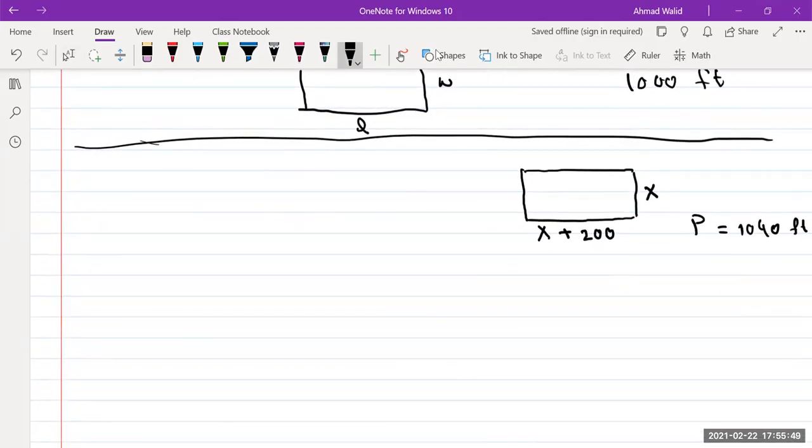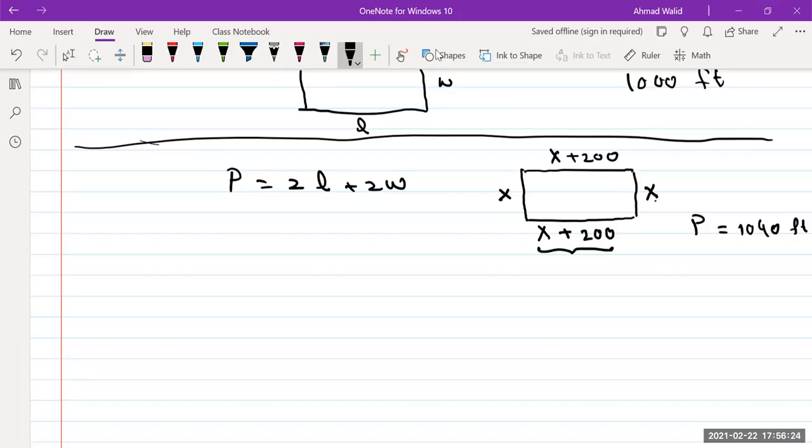It means if I want to create a formula based on the rectangle perimeter formula, P is equal to 2L plus 2W. If this side is X, this side is also X. If this side is X plus 200, definitely this side is also X plus 200, right? Now, if I add all these four sides, it should give me my perimeter, which is 1,040 feet.